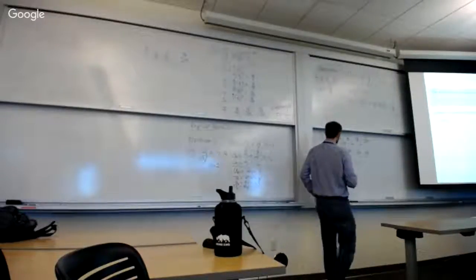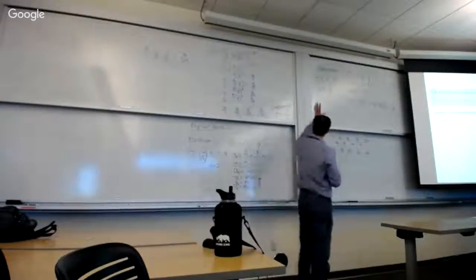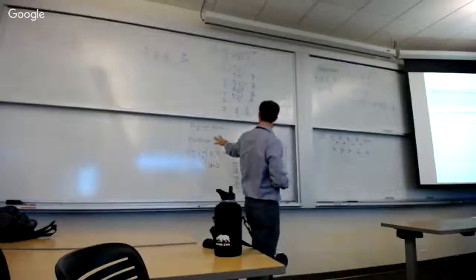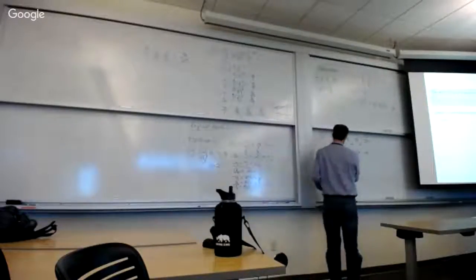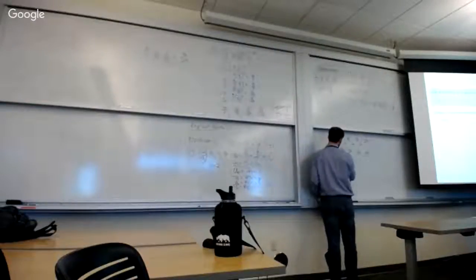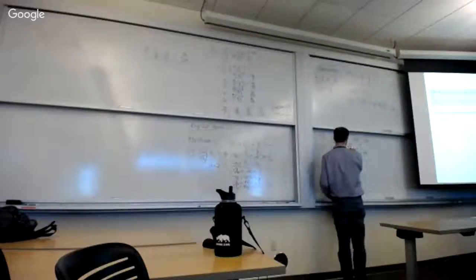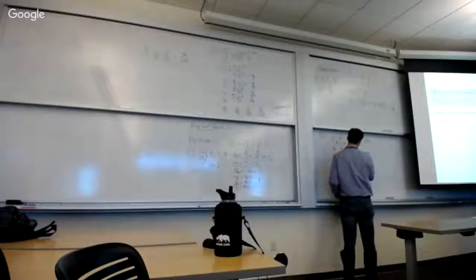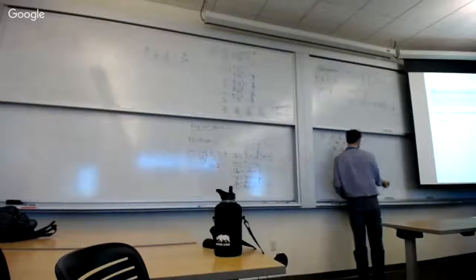Now, what we want is to come up with a formula for the sequence. It's not going to be the geometric formula or the arithmetic formula. It's just going to be a formula. So I want you to notice that the first term is 1/1 squared. The second term is 1/2 squared. The third term is 1/3 squared. The fourth term is 1/4 squared. The fifth term is 1/5 squared.